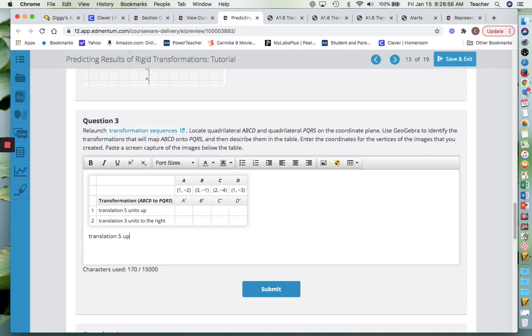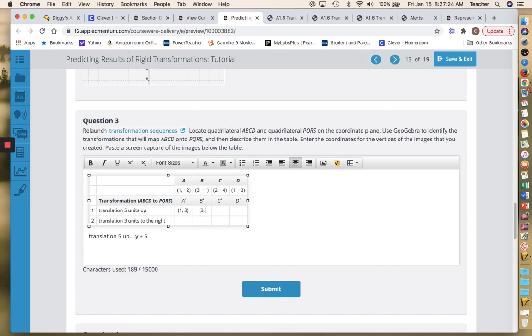Cheat code for translation of 5 up. Well, if 5 up is the change in the y, you are going to go up 5. So the x stays the same. The y value, because you're going up, you will add 5. So we're going to add 5 to every y value. This x stays the same: -2 plus 5 is 3.